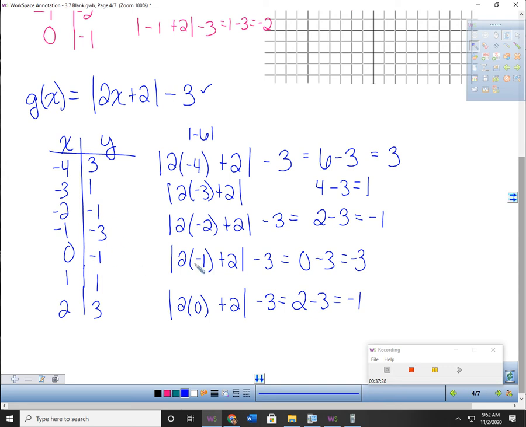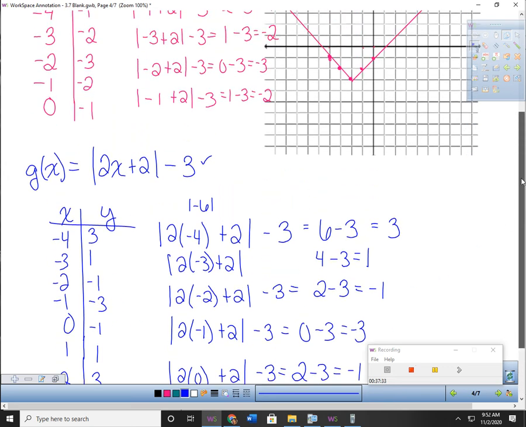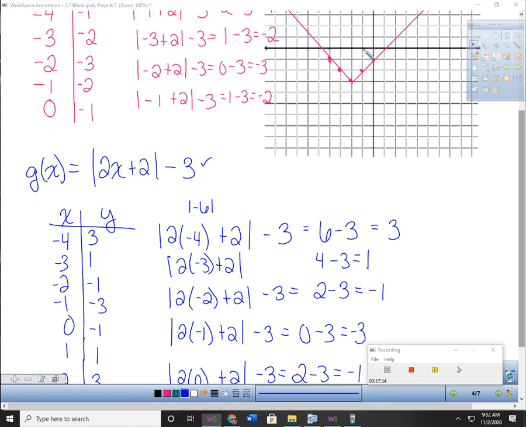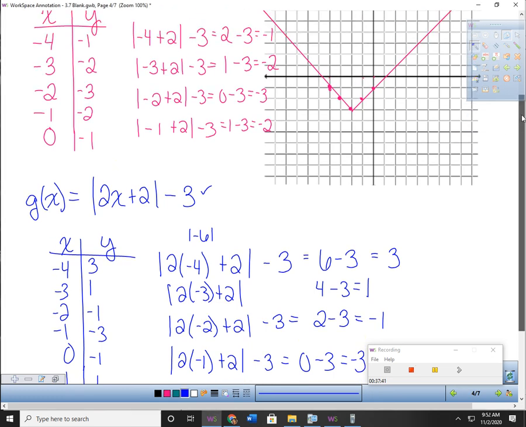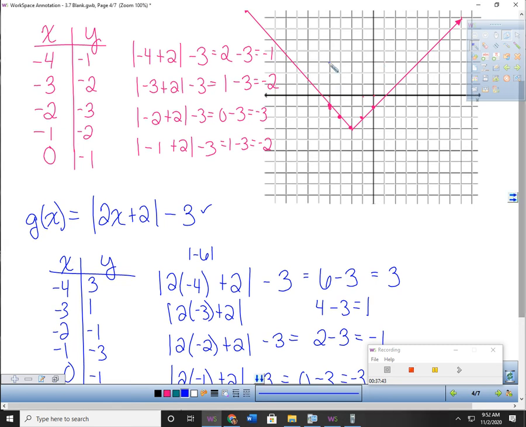All right, so I'm going to plot my points. I have negative 4, positive 3, negative 3, positive 1, negative 2, negative 1, negative 1, negative 3, and then I started going back up.